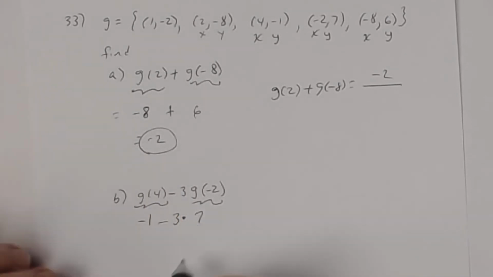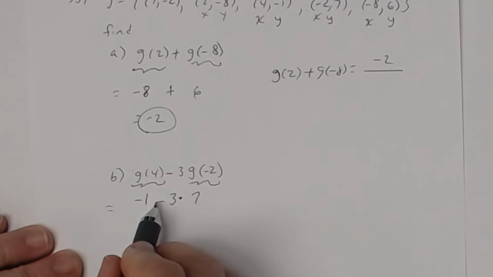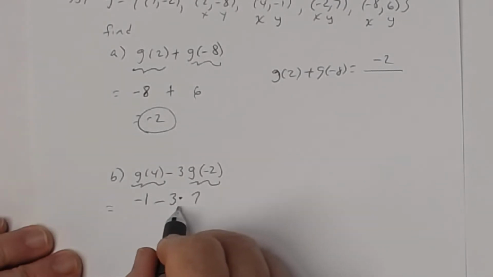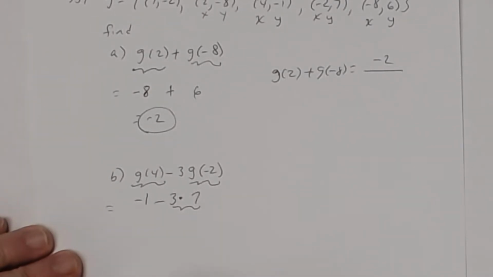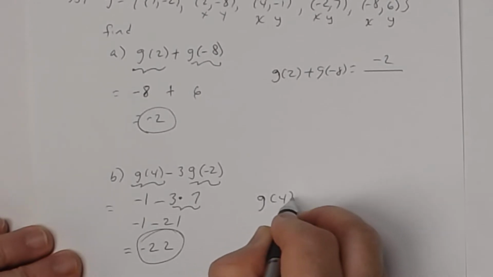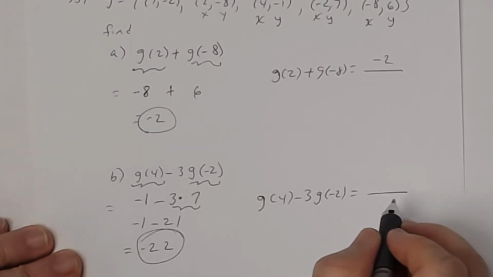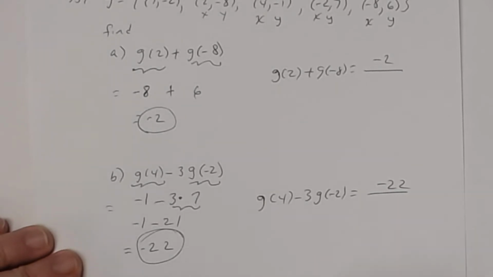So this is 7. So I have negative 1 minus 3 times 7. And I know that 3 times 7 is 21. So this is negative 1 minus 21. And I know that negative 1 and negative 21 is negative 22. And so there's your answer, negative 22. So g of 4 minus 3 times g of negative 2 will equal blank. And in that blank, you put negative 22.